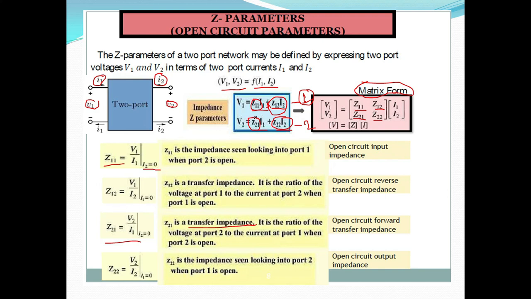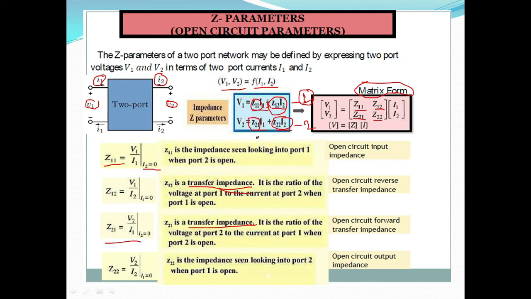Then for the second case, we set I1 equal to 0. Once I1 is equal to 0, the terms Z11 I1 and Z21 I1 vanish. Then we easily find Z12, and Z12 is equal to V1 upon I2, and Z12 is again the transfer impedance.